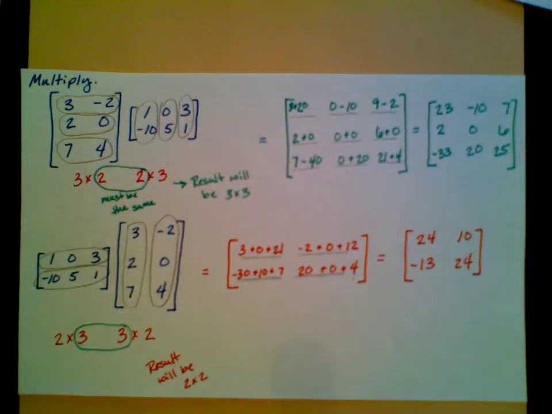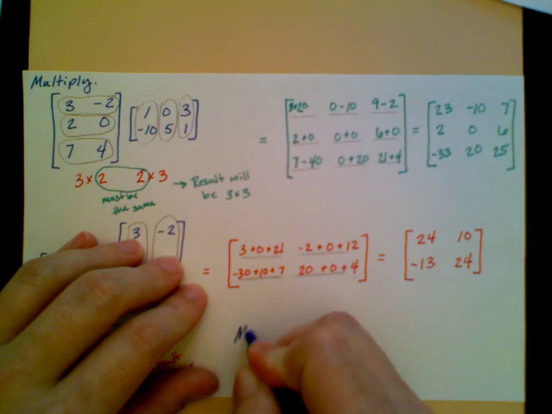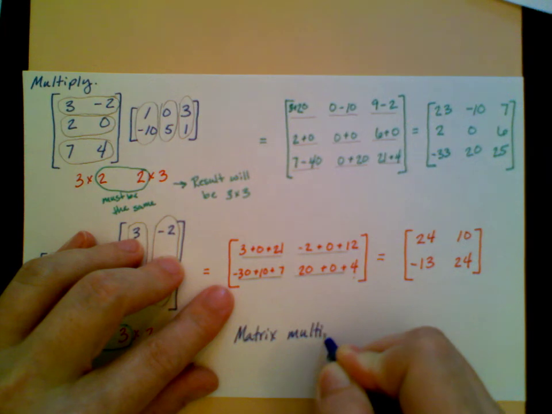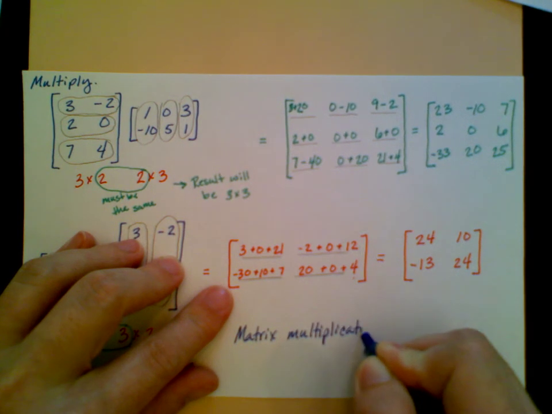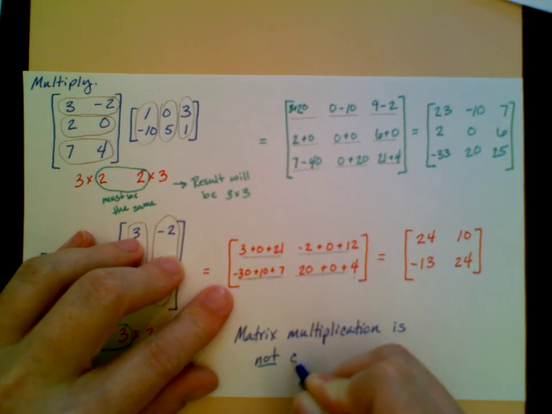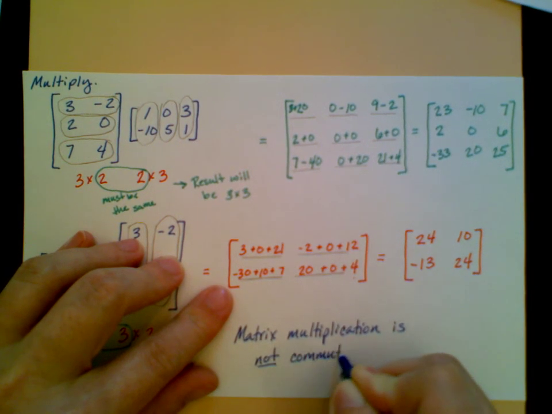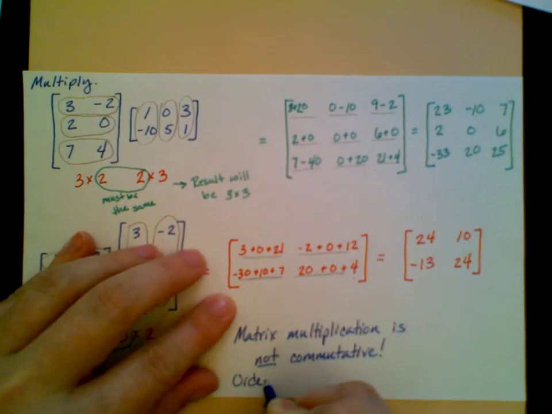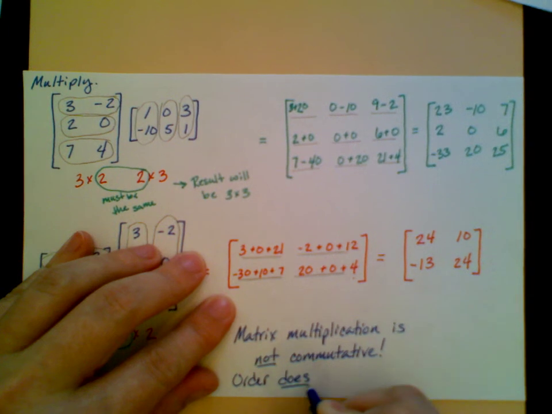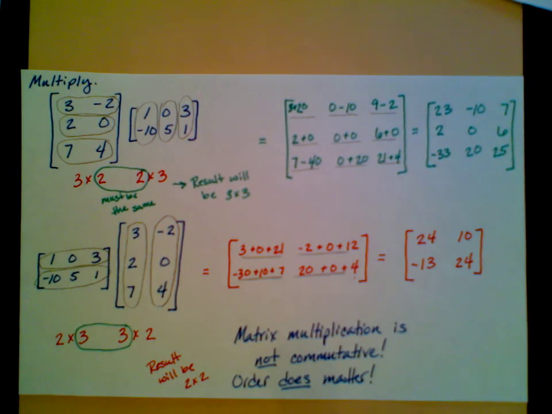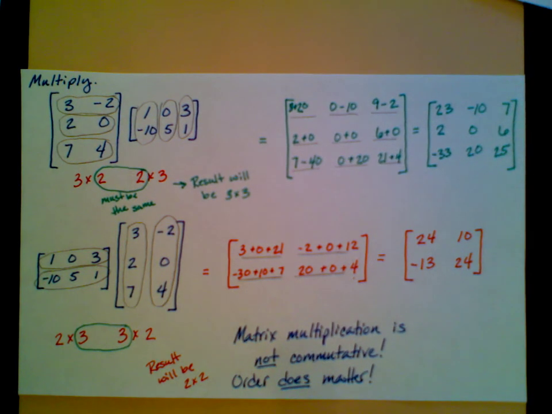Matrix multiplication is not commutative. Order does matter. Okay? That is something that's very important to know about matrix multiplication.